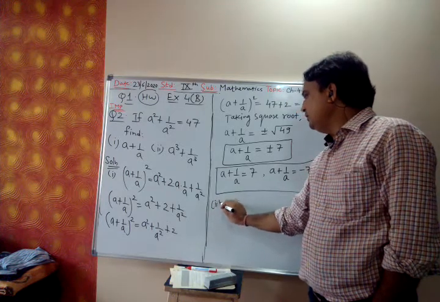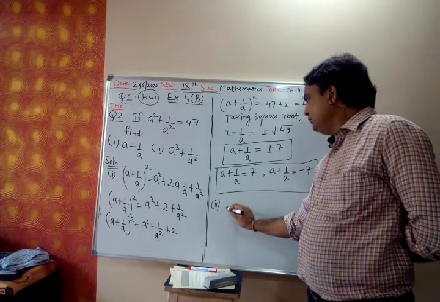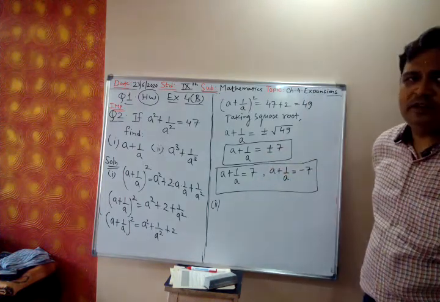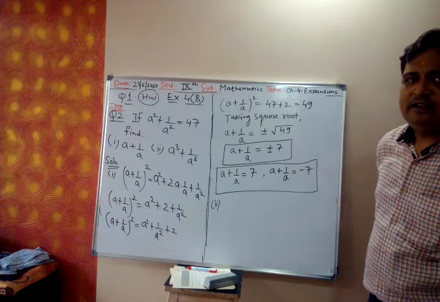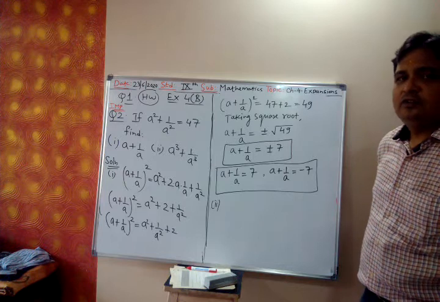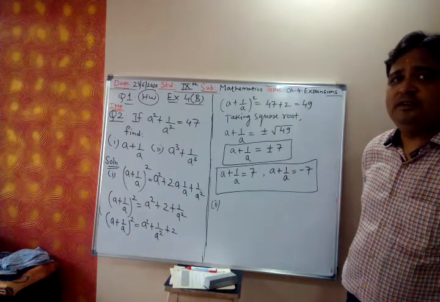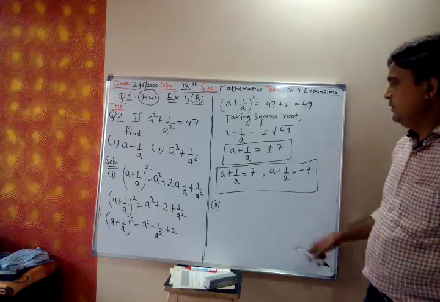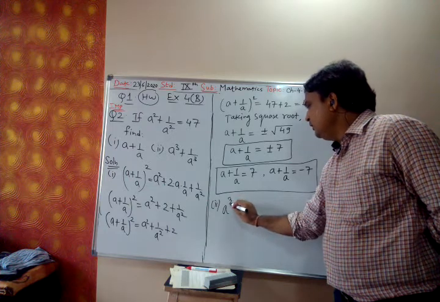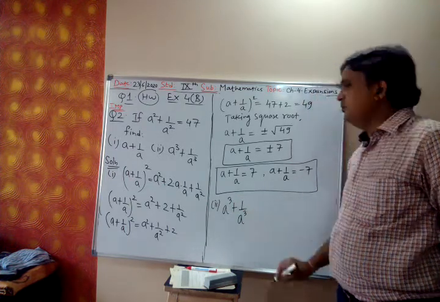Because it is plus minus 7, minus 7 square is also 49, plus 7 square is also 49. So when you take square root, you have to consider both signs, plus 7 also, minus 7 also. Now let us find the second, a cube plus 1 upon a cube.